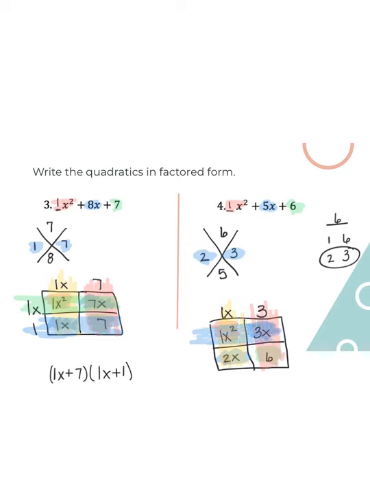The greatest common factor between those would just be a 1 and an x. And on the bottom, I have a 2x and a 6. There's only a 2 in common with those ones. So my factors are going to be 1x plus 3 and 1x plus 2.